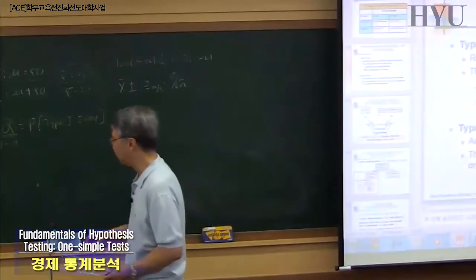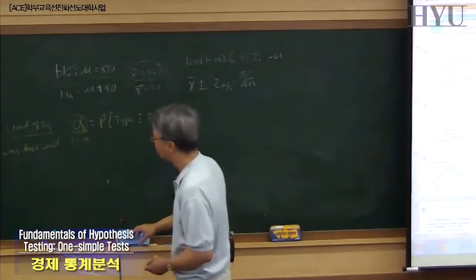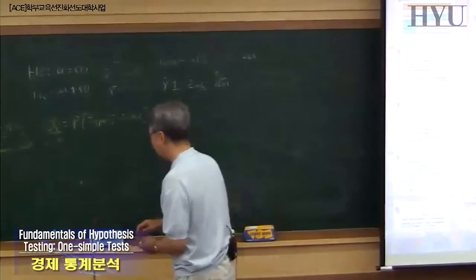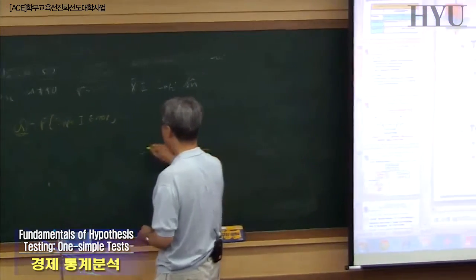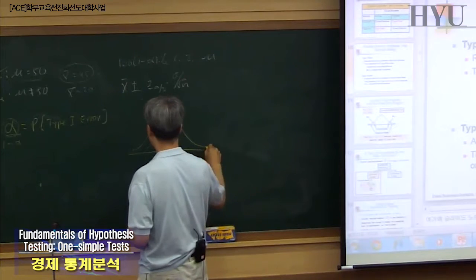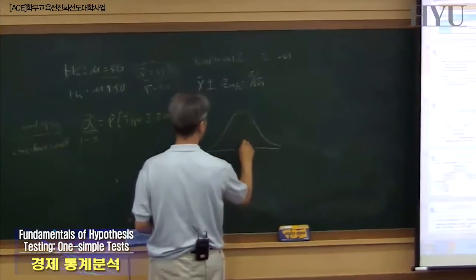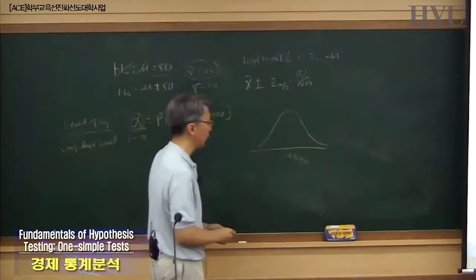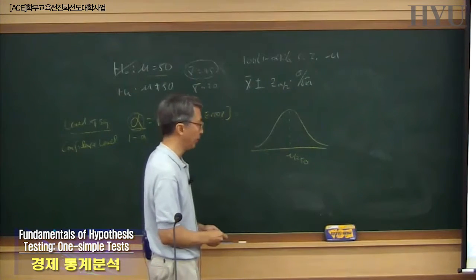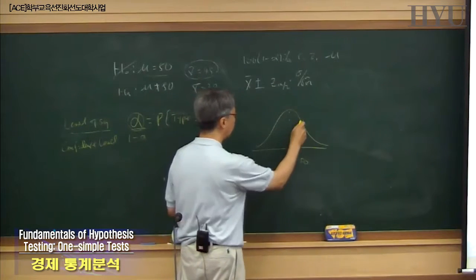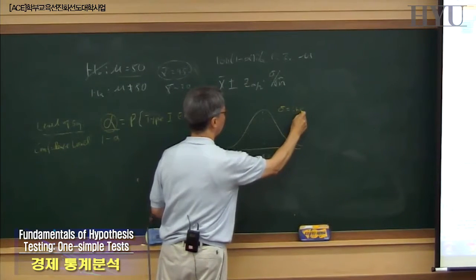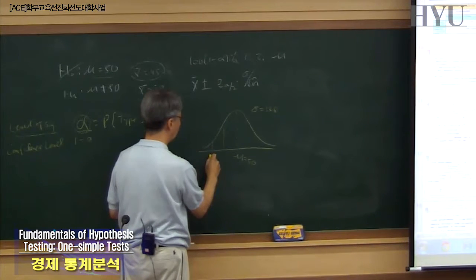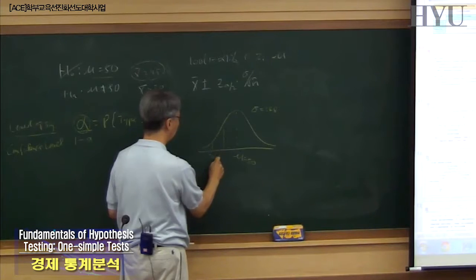For example, in the example before, we start out by assuming that the population mean is actually 50, right? And the sigma was, say, 14.8. So 2 standard deviations came out to be 20.4, something like that.